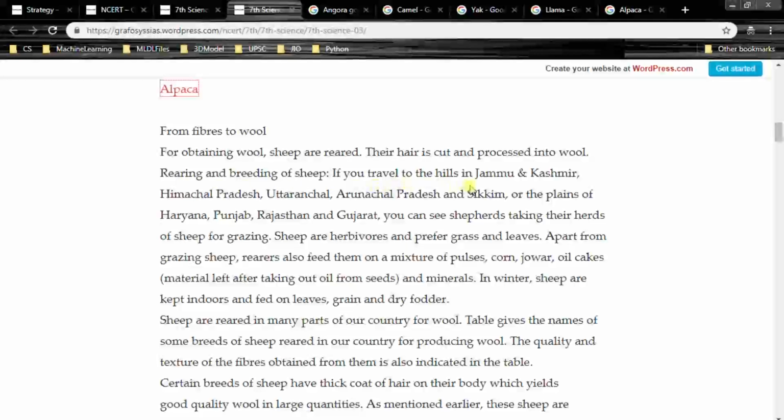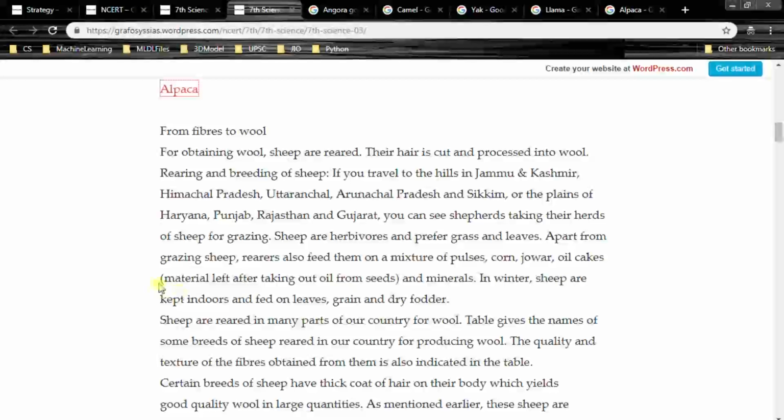If you travel to the hills in Jammu and Kashmir, Himachal Pradesh, Uttaranchal, Arunachal Pradesh and Sikkim, or the plains of Haryana, Punjab, Rajasthan and Gujarat, you can see shepherds taking their herds of sheep for grazing. Sheep are herbivorous and prefer grass and leaves. Apart from grazing sheep, rearers also feed them on a mixture of pulses, corn, jowar, oil cakes and minerals.